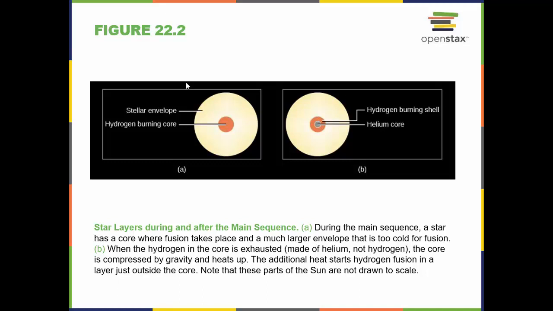So in figure A, during the main sequence, a star has a core where fusion takes place in a much larger envelope that is too cool for fusion to take place. And in B, when the hydrogen in the core is exhausted, so it becomes mainly made up of helium, not hydrogen, then the core is compressed by gravity and heats up. This additional heat starts the hydrogen fusion in the outer layers. Note these aren't drawn to scale, right?